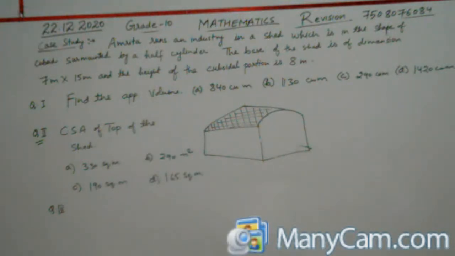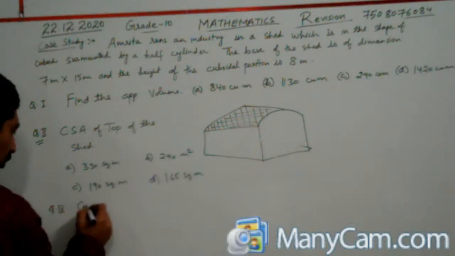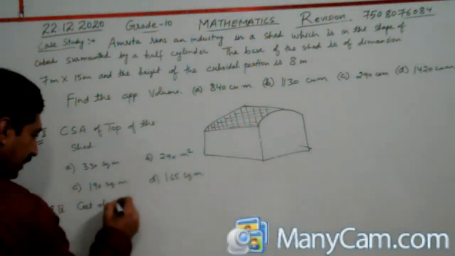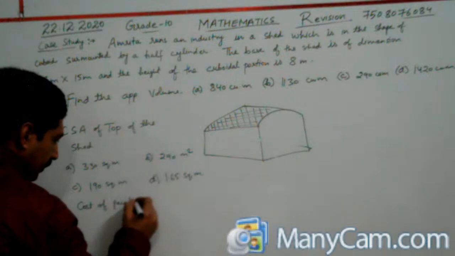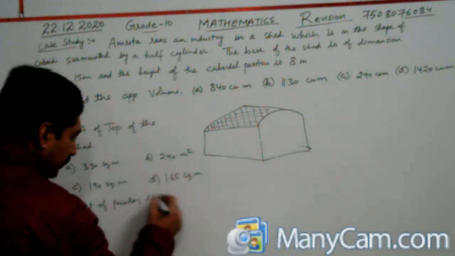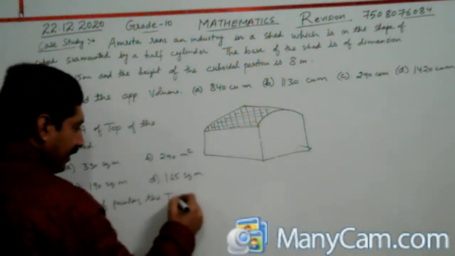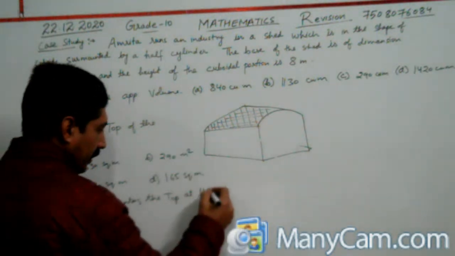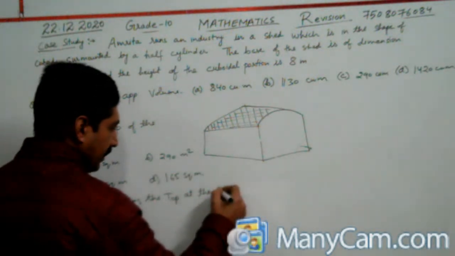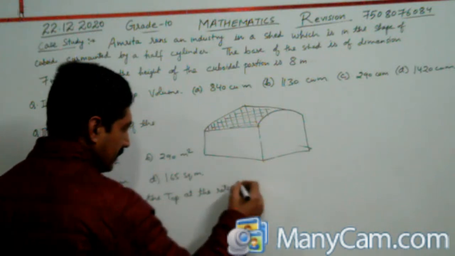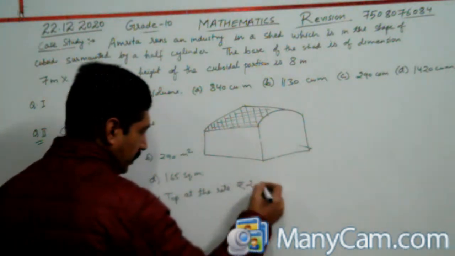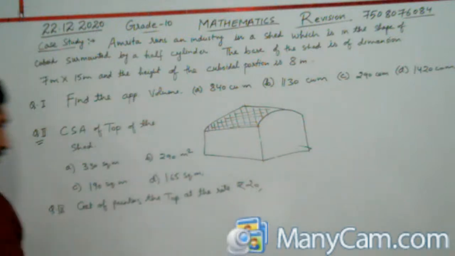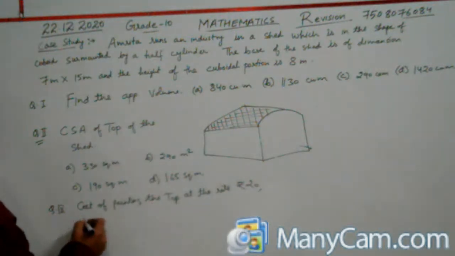Question number 3 is the cost of painting the top of the shed at the rate of Rs 20. What is the A part?